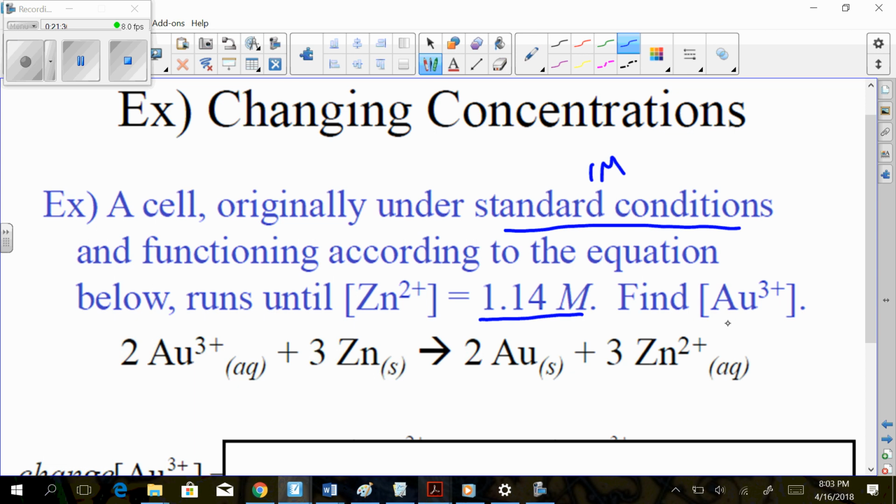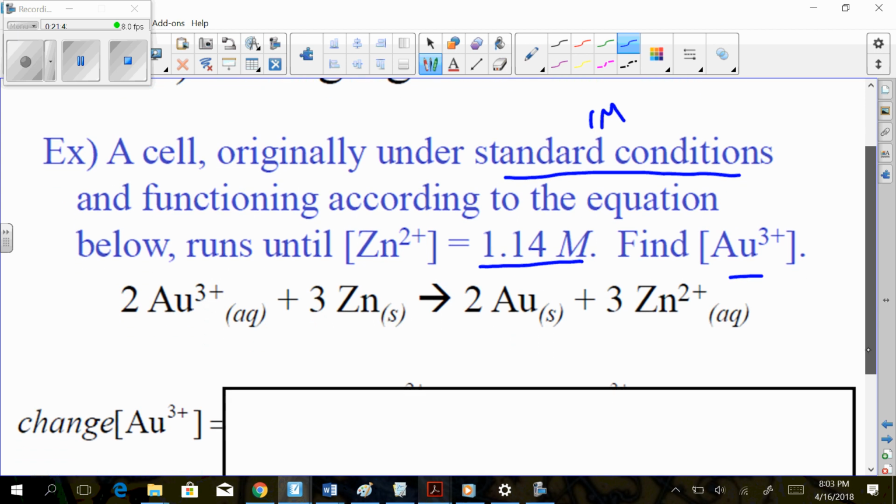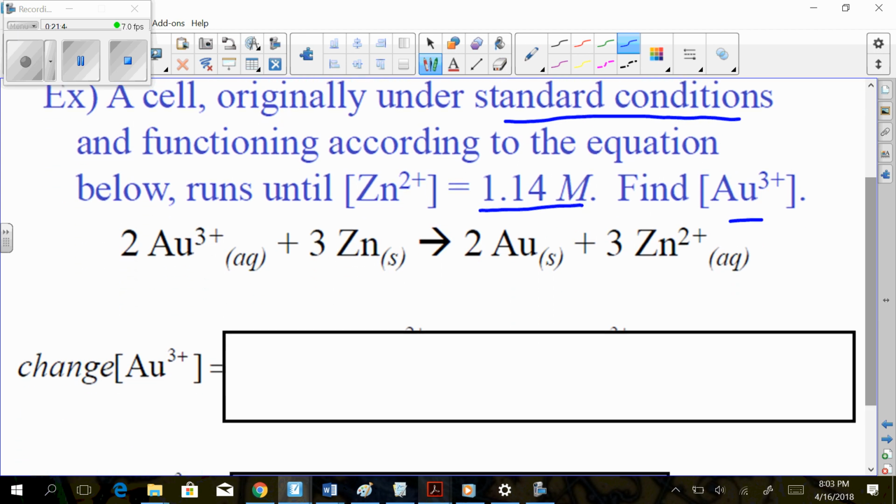Now we want to find what is the gold ion. We need to first figure out what is the change in the zinc. We started out with 1 molar zinc, and now we have 1.14 molar.